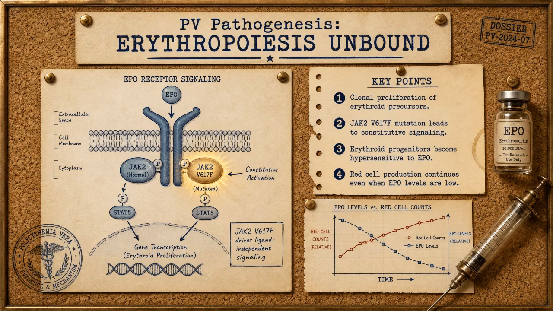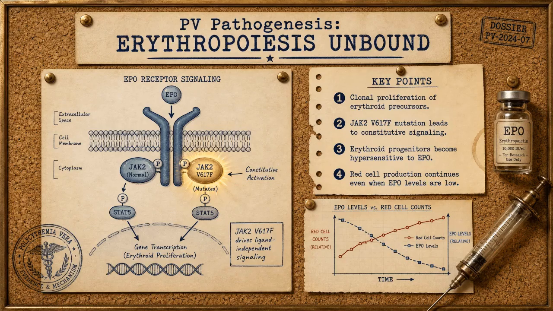The mutated JAK2 protein is permanently on, constantly signaling erythroid precursors to proliferate and mature, even without external stimulation. This leads directly to erythropoietin, EPO, independence. The erythroid precursors don't need EPO to grow and mature, ignoring the body's normal regulatory signals.